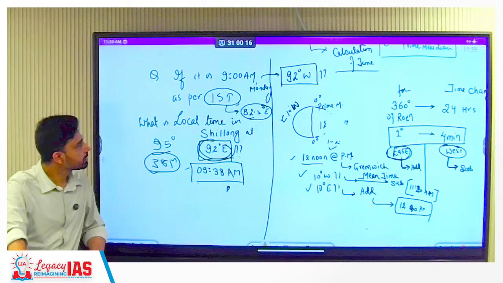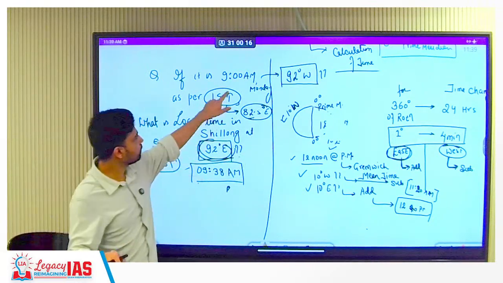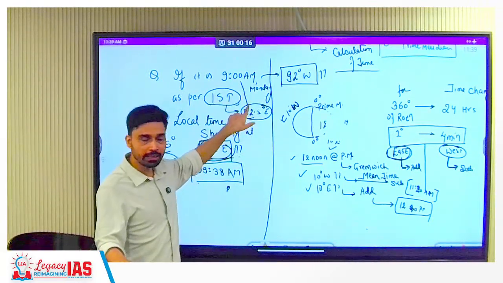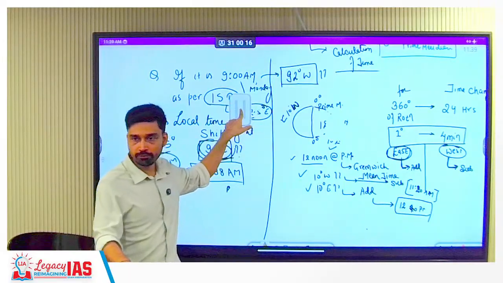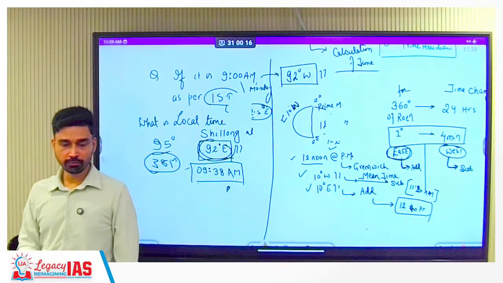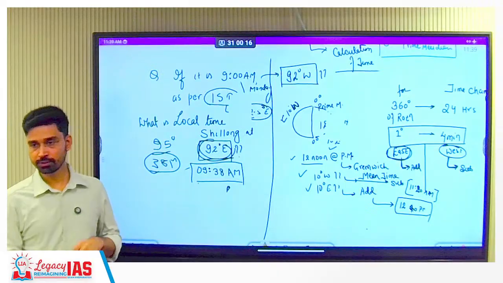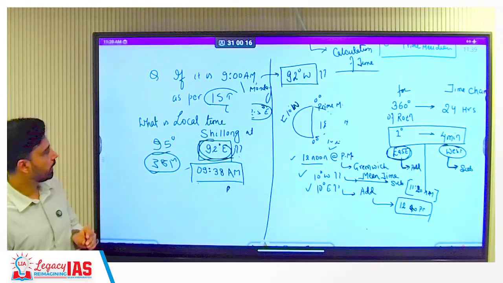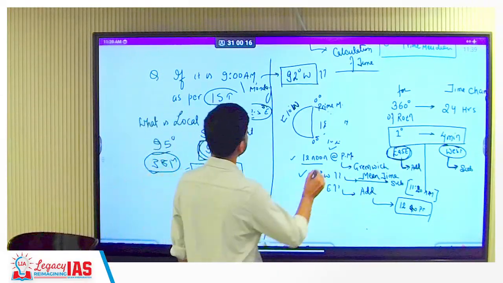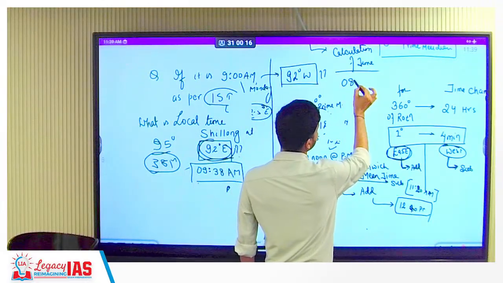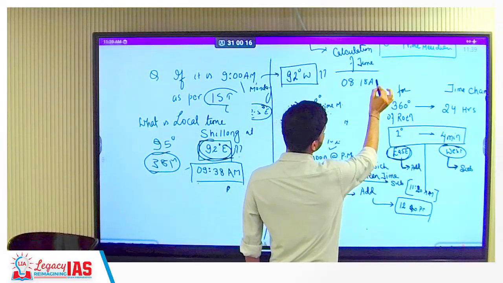Exact opposite. Exact opposite of what? No, this is not exact. This is here. 9 a.m. is the time where? 82.5 degrees east. Okay, and then you have to calculate the time at 92 degrees west. 8:18 what? 8:18 a.m. It's not the right answer.